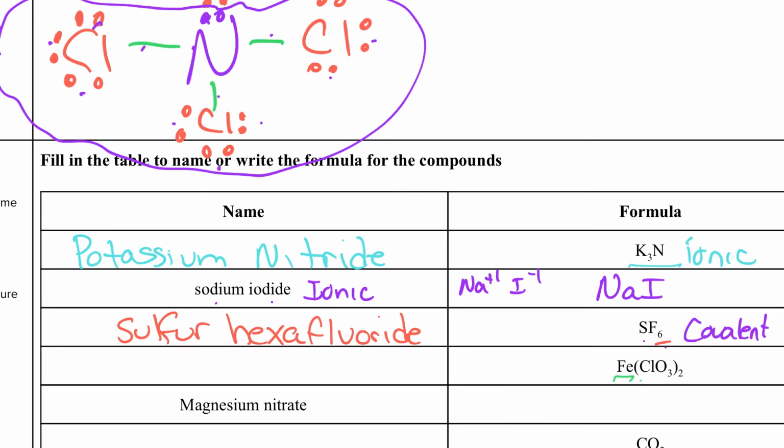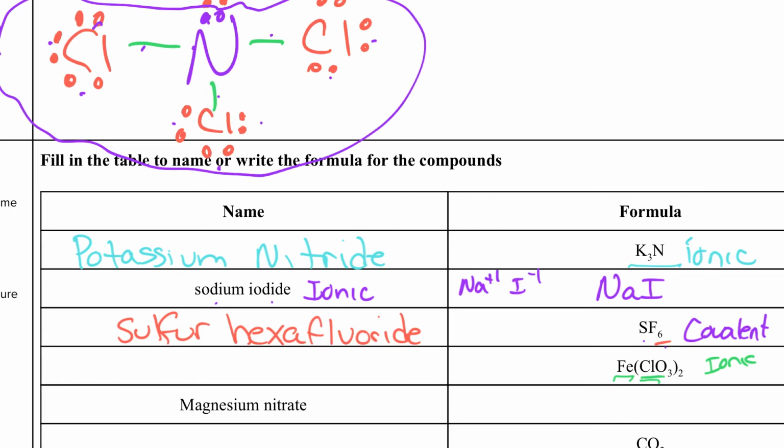Okay, this next one is Fe(ClO3)2. Now, iron is a transition metal, and then this is a polyatomic. So we're going to still say it's an ionic compound. This is chlorate, and so the chlorate ion always has a -1 charge.